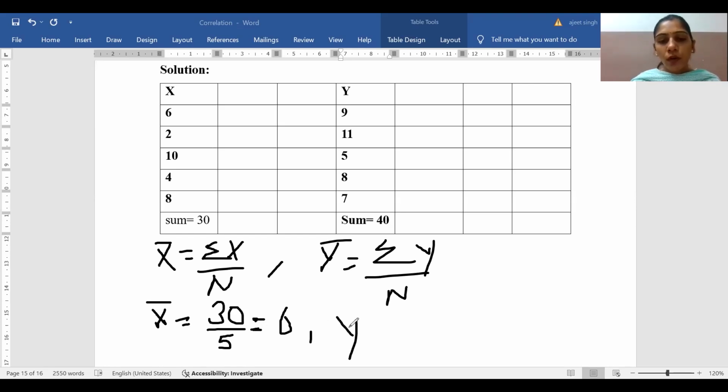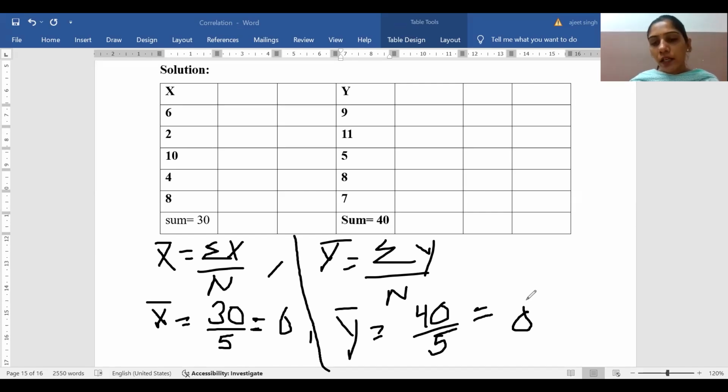Now y bar is equal to 40 divided by 5, which is 8. So the arithmetic mean for series y is 8.